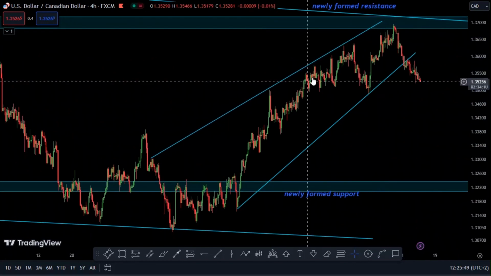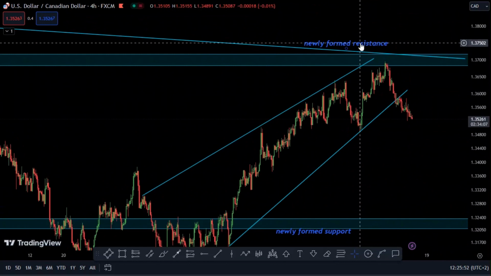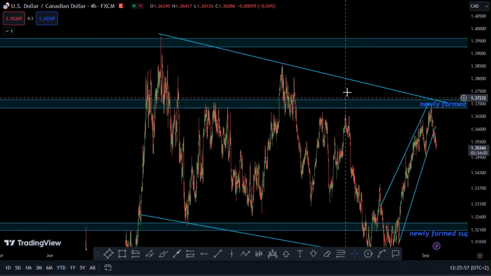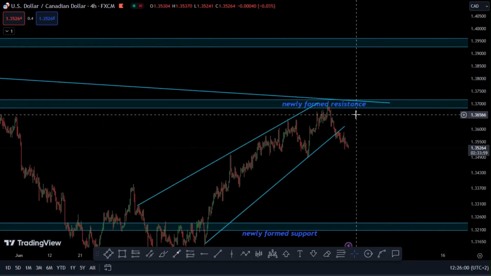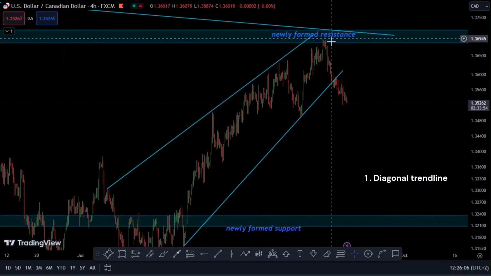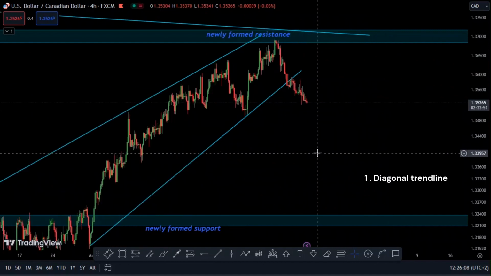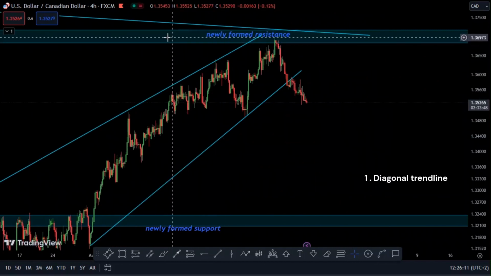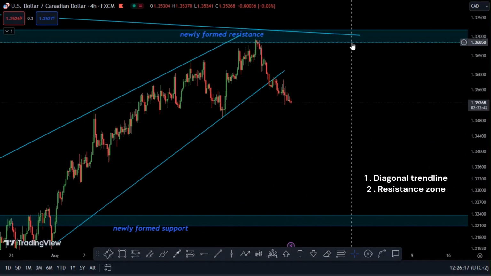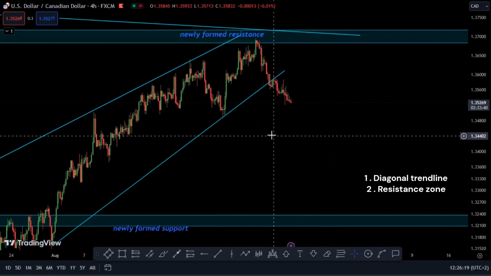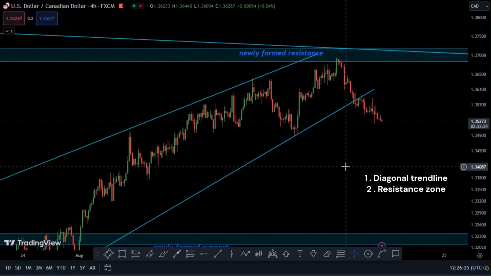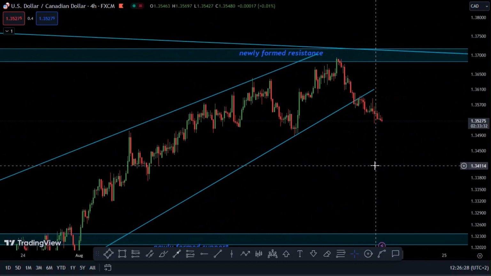We can see that we have a bullish trend which has already touched the resistance, a possible touch on our diagonal resistance. So what about the confirmations? We have a confirmation that we have touched the resistance, so we should be looking for selling opportunities. We have a confirmation that we have touched this horizontal key level, from which we should take selling opportunities. And then we are left with only one confirmation.